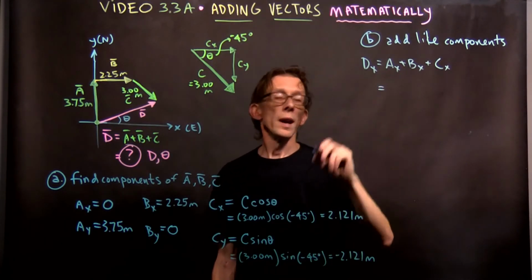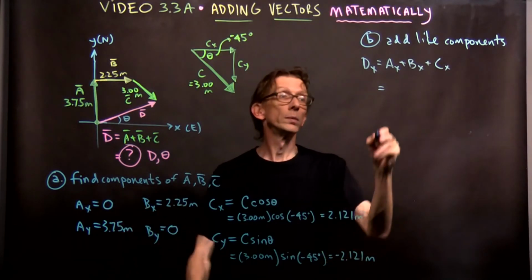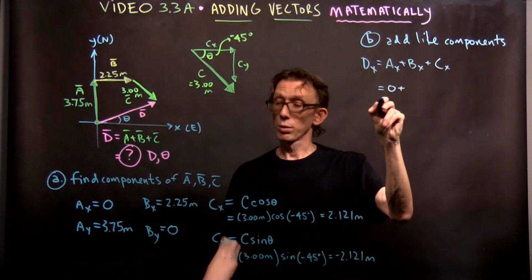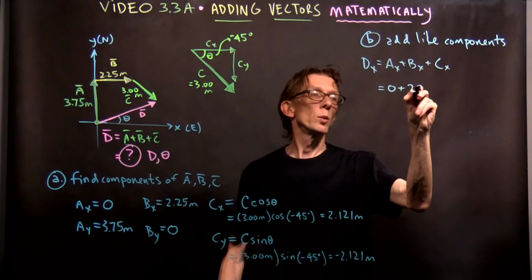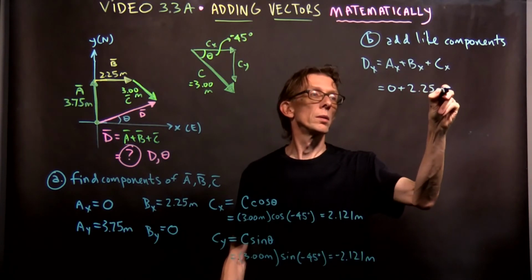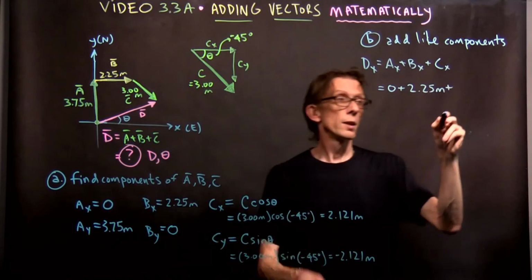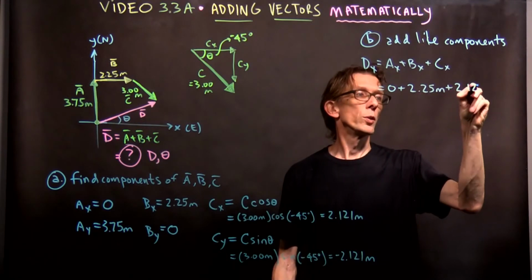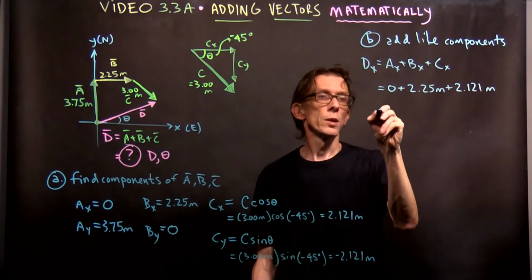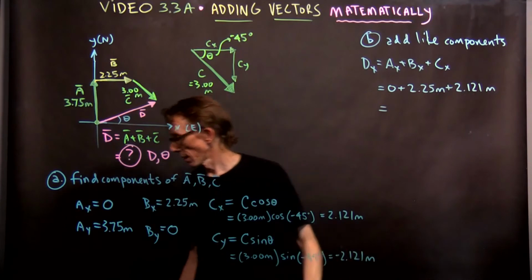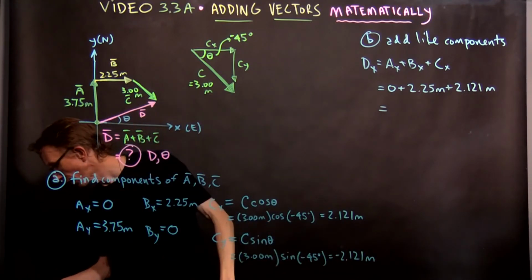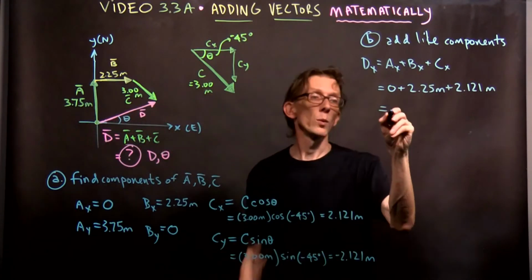So AX is 0, plus BX, 2.25 meters, plus CX, 2.121 meters. So we have DX, the x component of our resultant vector, is 4.371 meters.